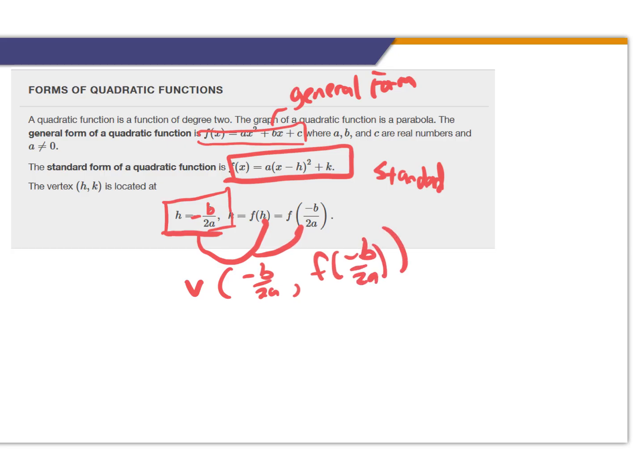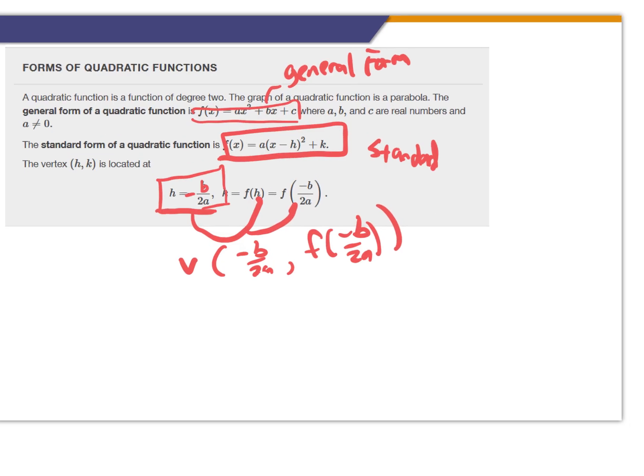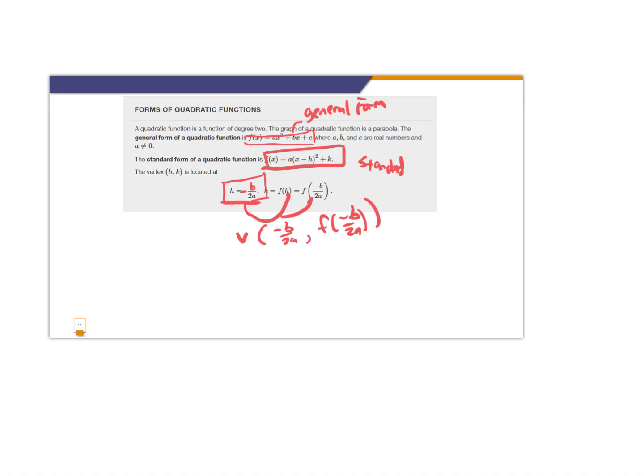And that's what they just did. That's what they're doing here, finding out the x component and the y. All that did was find the x and the y. So I'm going to say that's x, comma, y of your vertex.